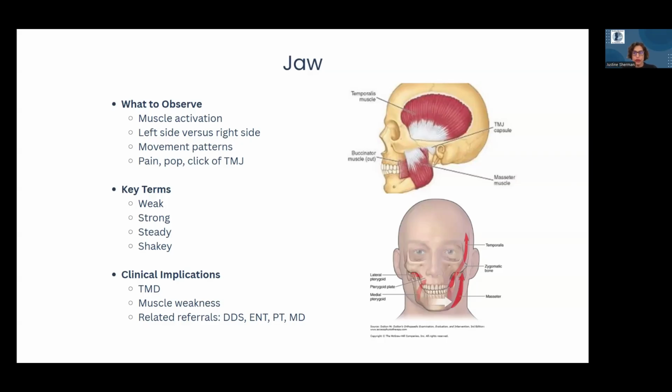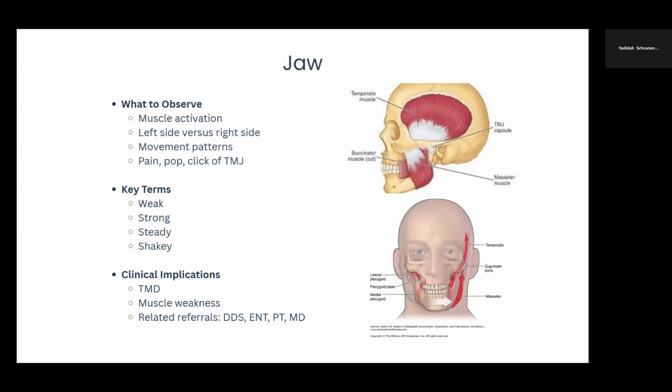So for referrals, who do you think we're referring to for jaw issues? Orthodontist. Mm-hmm. Who else do you think we could refer to? Would you also refer to an ENT?